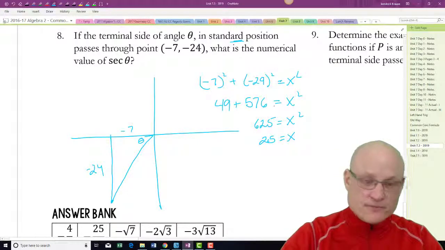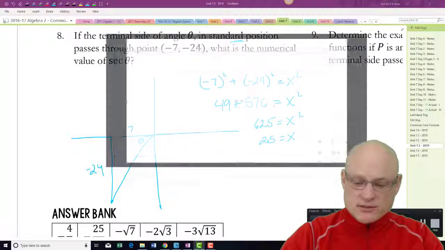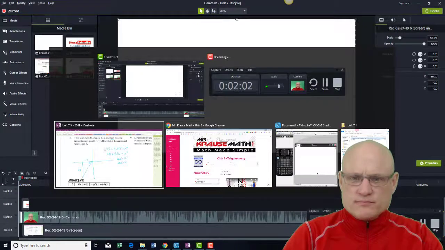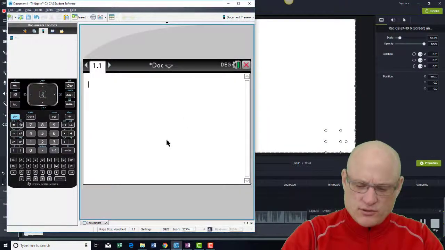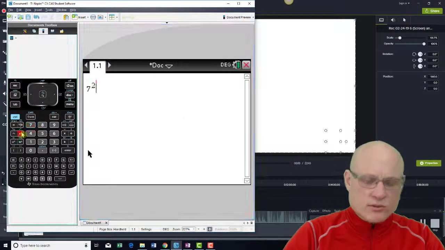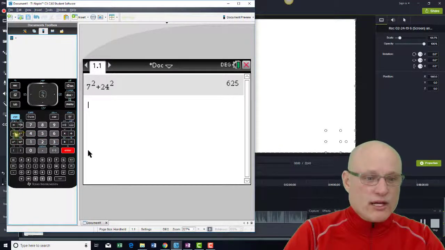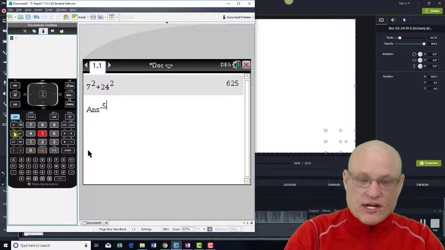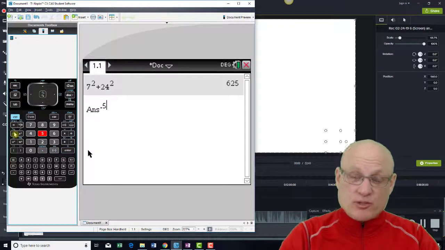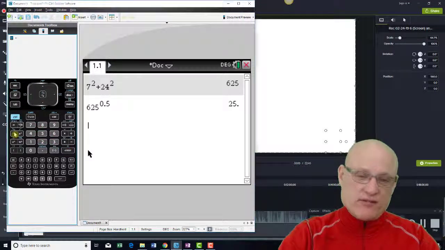Let me just make sure. So 7 squared plus 24 squared equals 625. And then if I raise that to the 0.5, remember 1/2 as an exponent is really a square root, I get 25.